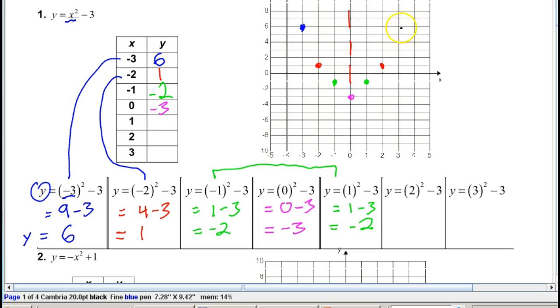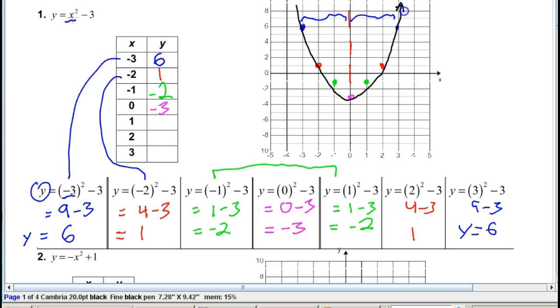And okay, this one's going to be up here, just because I'm going off of, well, that's this far from the middle, so this one's the same distance on the other side. And you'll know you'll get the same answer. So this one will be y equals 6 if you do it, 9 minus 3. And this one will be 4 minus 3, which is +1, just like the other side. So that's another way of always getting your graph.